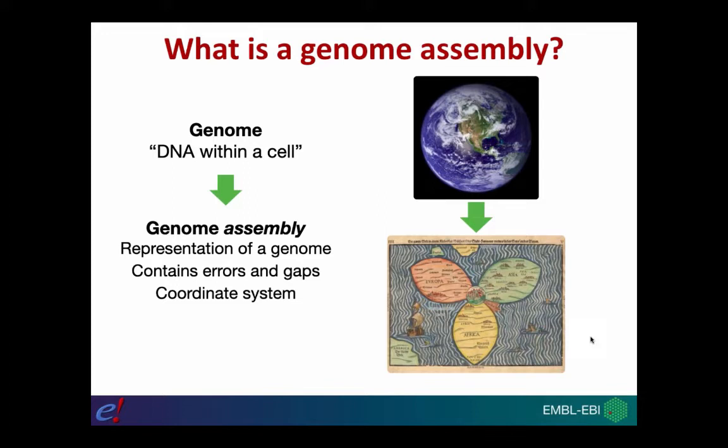So a genome assembly is basically a map of the genome, and it's also important to recognize that the maps have coordinate systems as well, just as genome assemblies have coordinate systems to help us navigate around the genome and know where we're talking about.